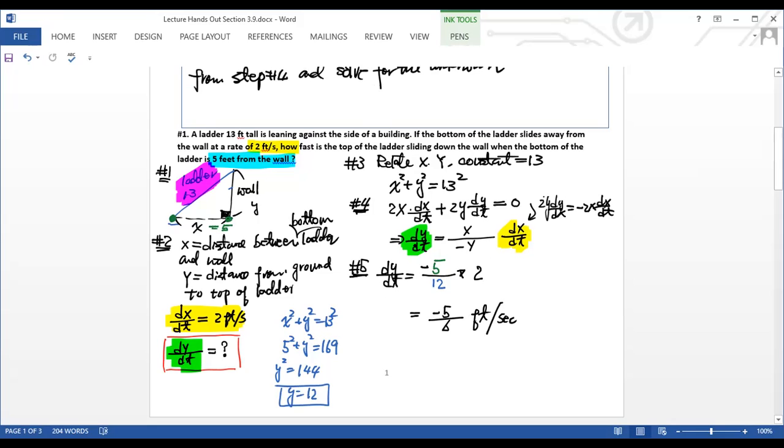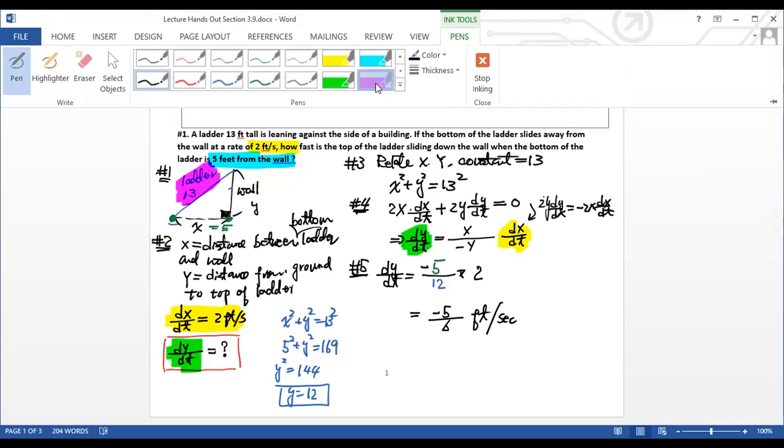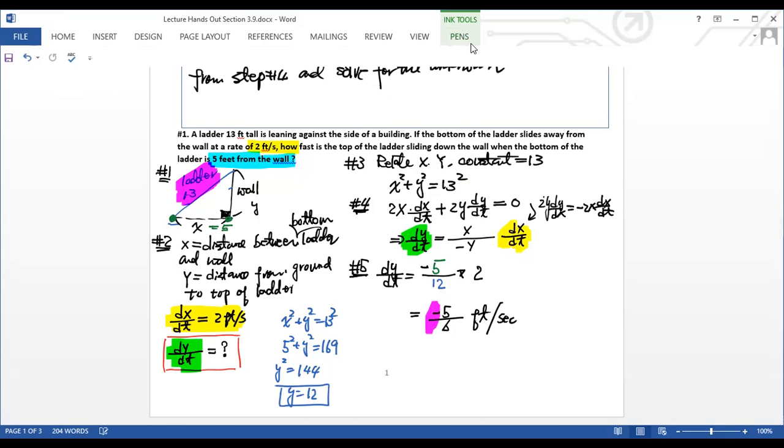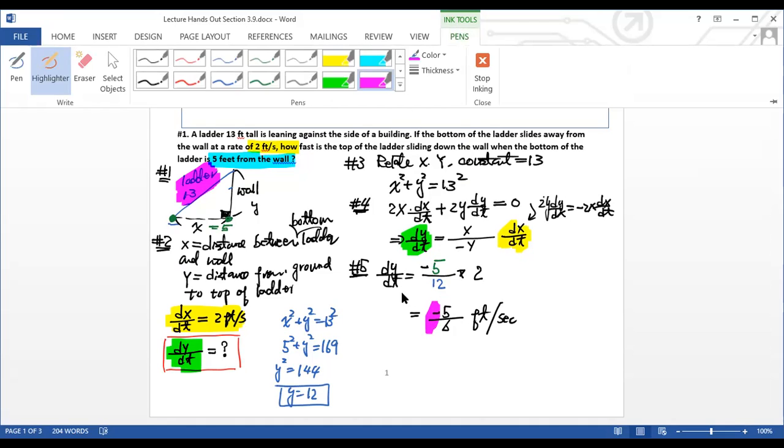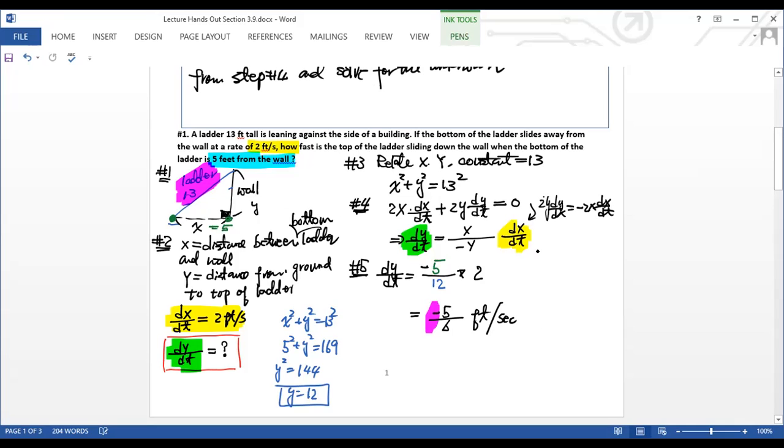That means your ladder is going down at a rate of 5/6 feet per second. That's what the negative sign means, because it is the rate of change. Typically we say going right is positive, left is negative, up is positive, down is negative. So my ladder is going down at a rate of 5/6 feet per second.